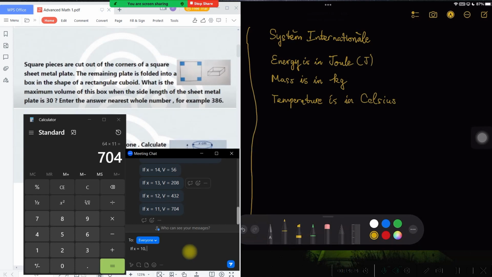And then if x equal to 10, what is v then? So 30 minus 20 is 10 times 10 times 10 again. It's gonna be 1,000. It's just getting bigger, isn't it?